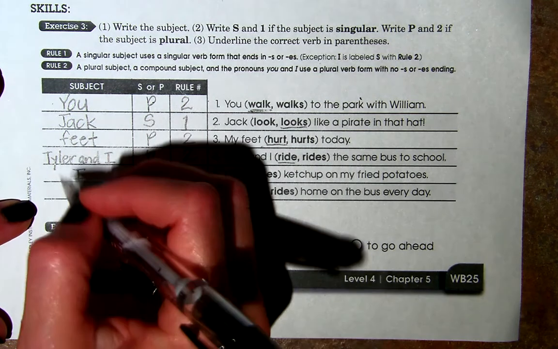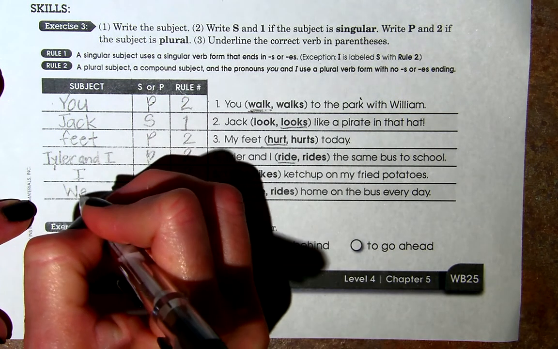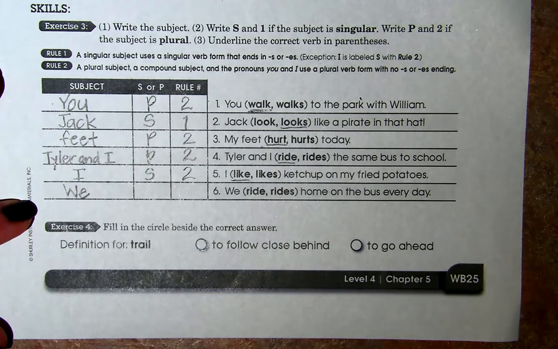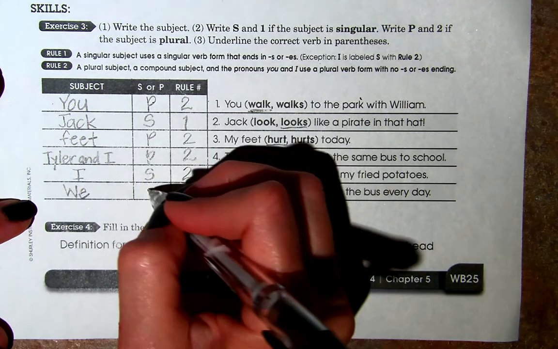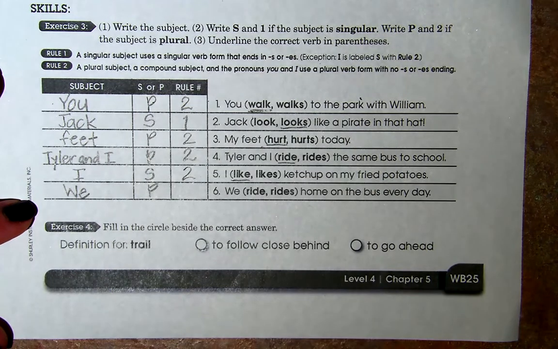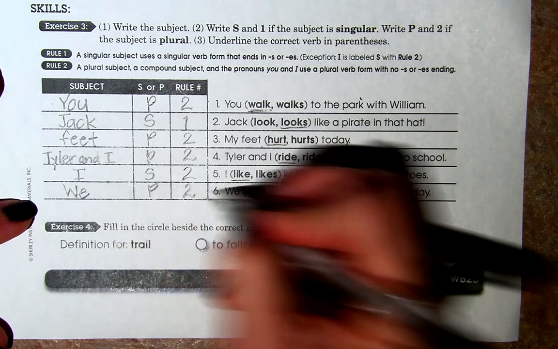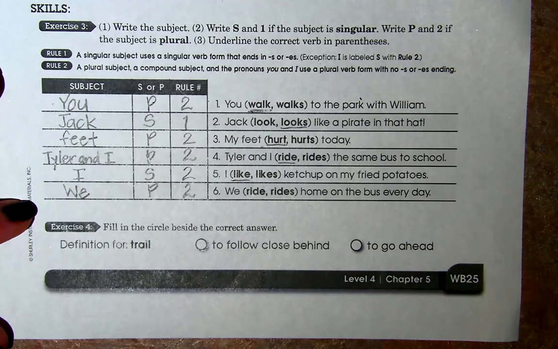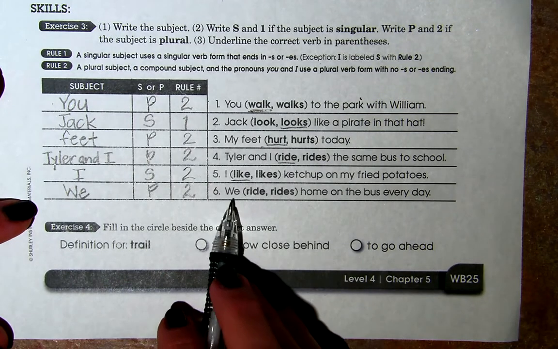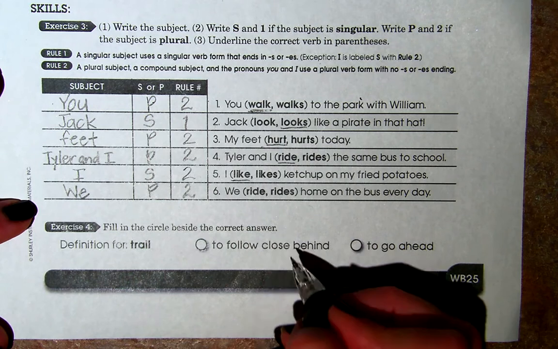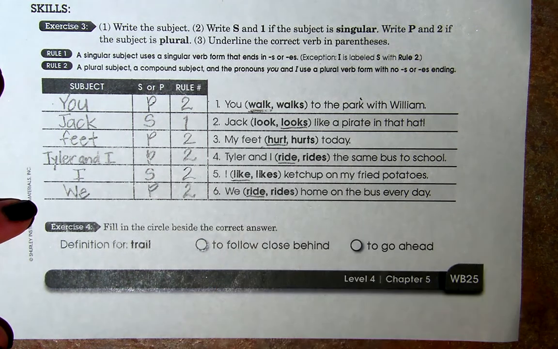We is our subject pronoun. And we is obviously, is it singular or plural? Yes, plural. And it follows rule number 2, just like all the other plurals do, except for I. We ride home on the bus every day. So there's your verb.